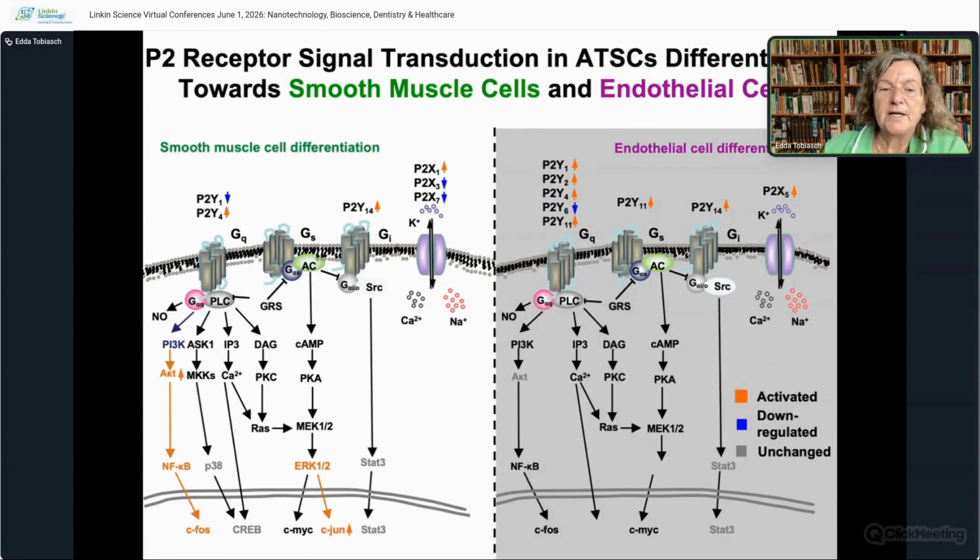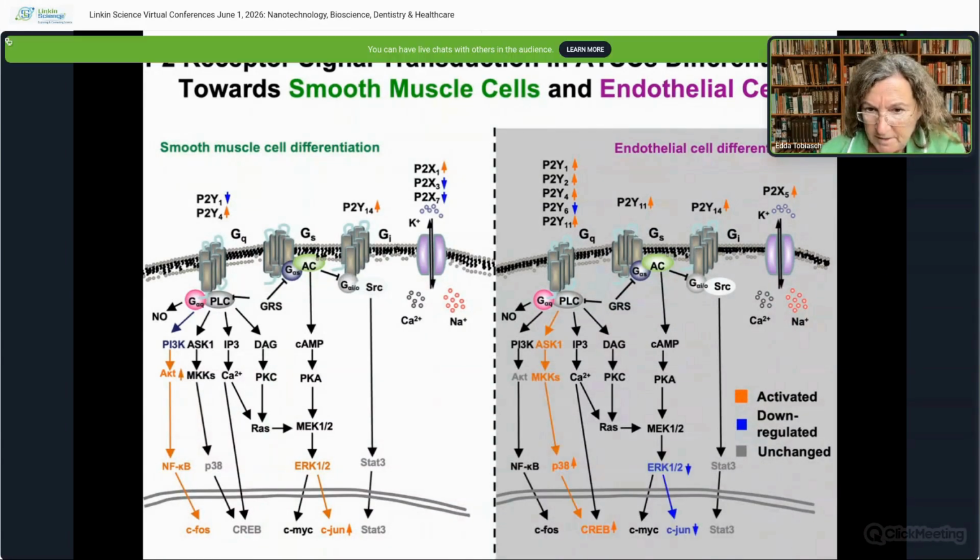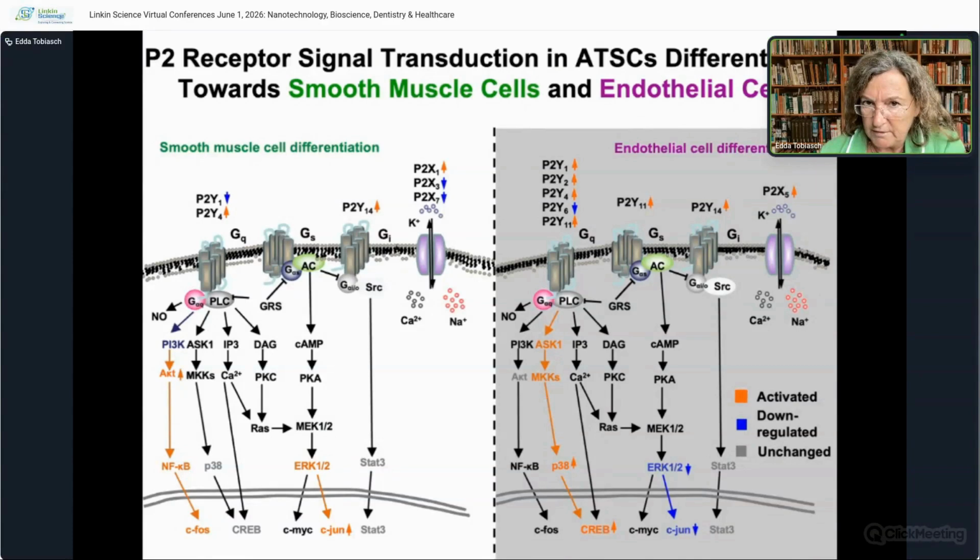For the smooth muscle cell differentiation, specifically the signaling via AKT and NF-kappa B plays a major role, whereas for the endothelial cell differentiation, the MAP kinase p38 upregulation plays a major role when purinergic receptors influence endothelial cell differentiation.